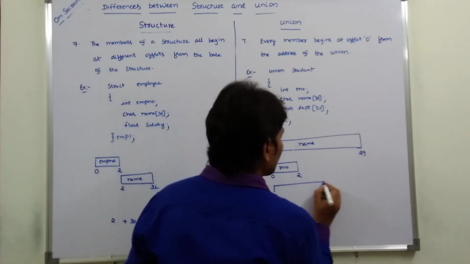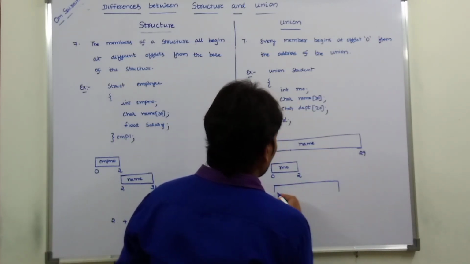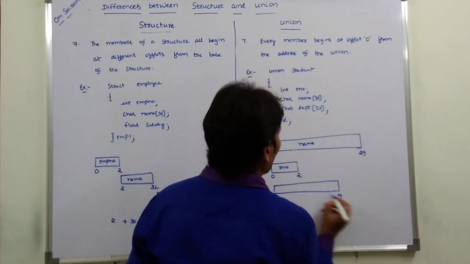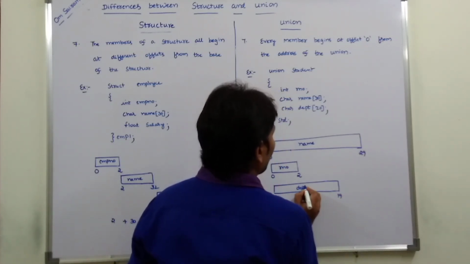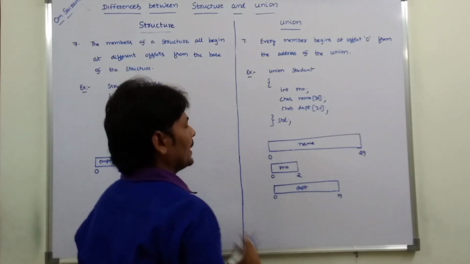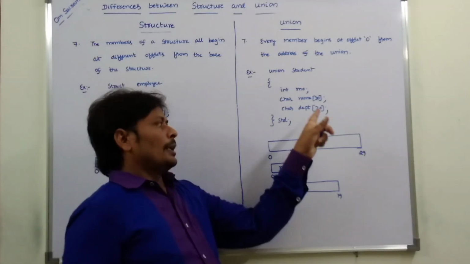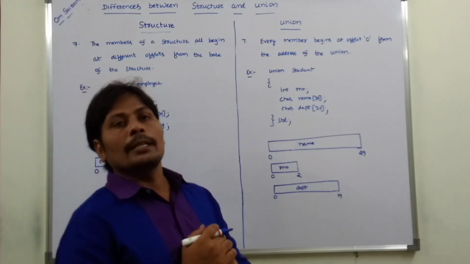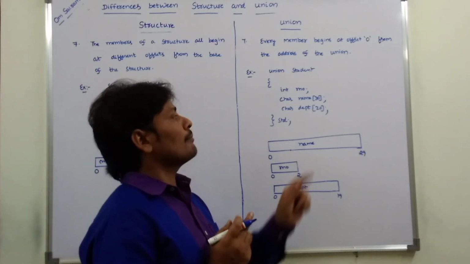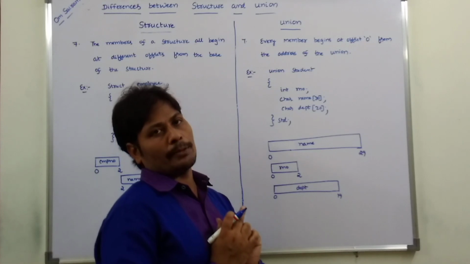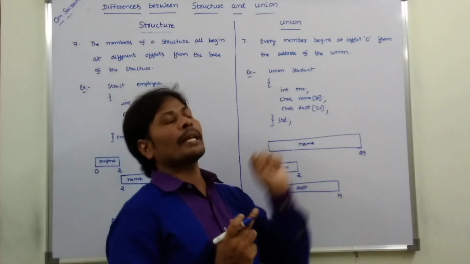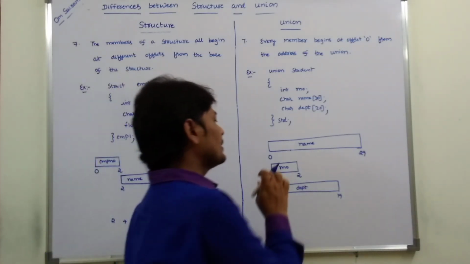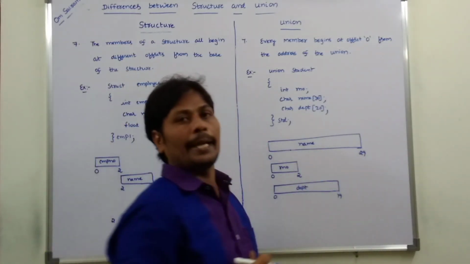Department occupies 0 to 19. So 0 to 19 occupies DEP, department. So among the 3 members of the union, which member is the largest member? Name is the largest member. How much amount of memory is allocated? 30 bytes of memory is allocated, that is 0 to 29.